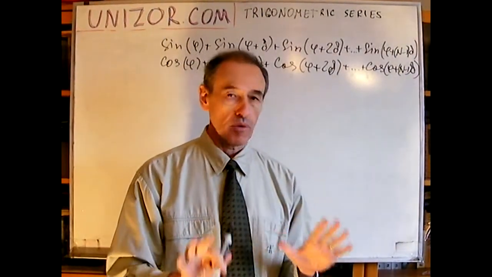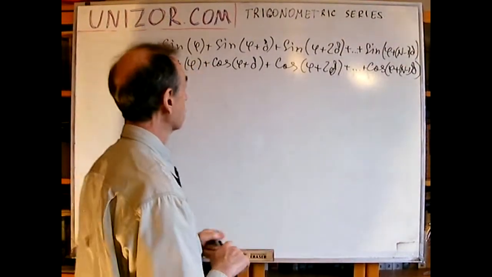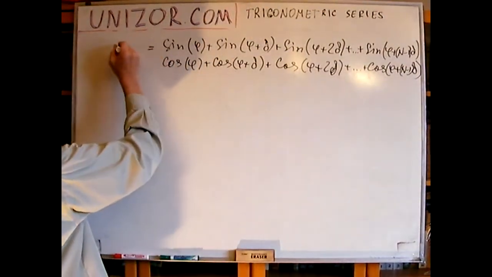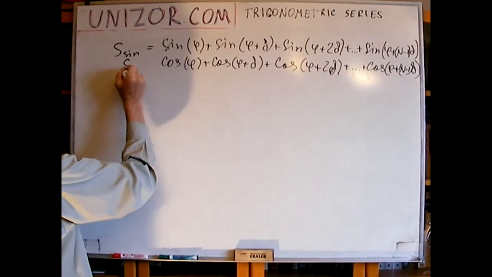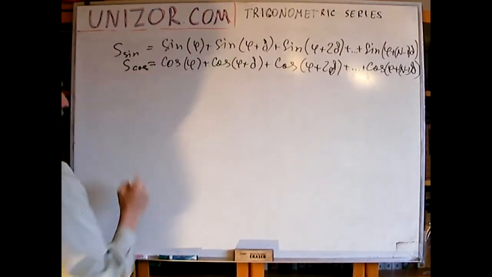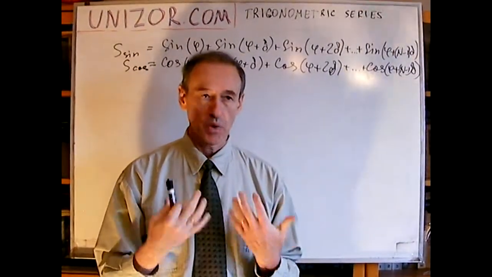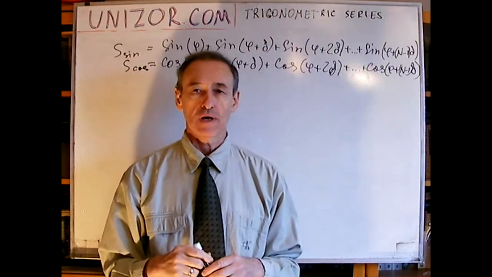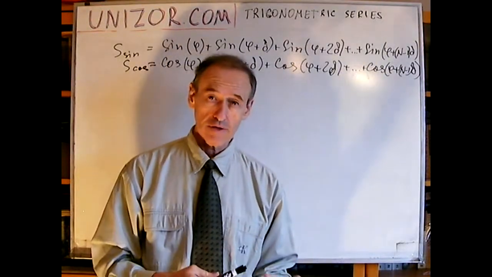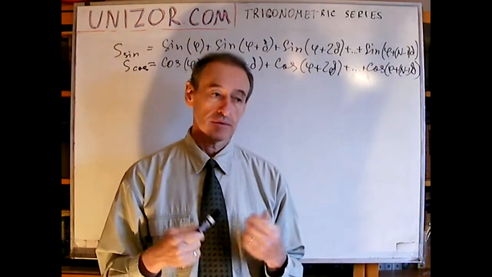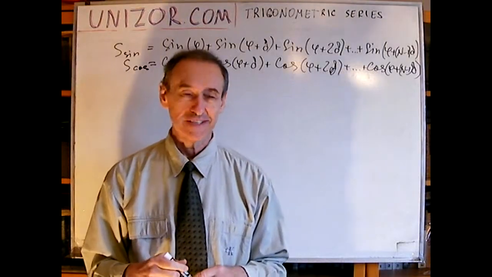Now, there are different ways to solve this problem. How to find this particular sum, let's call it S sine or S cosine. I will offer the way, the methodology, which I consider very interesting, very creative, and somewhat, well, I'm not afraid of this word, beautiful in this particular case.